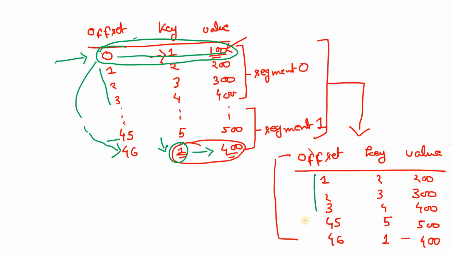Then offset 45 is also the same. For employee ID 1, in offset 46, it got revisited. So actually it is not reordering the messages. It is just keeping the latest unique key related entity. That's all, right? So I hope you understood the fundamental concept of log compaction.